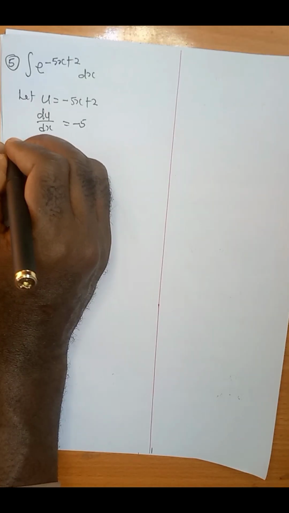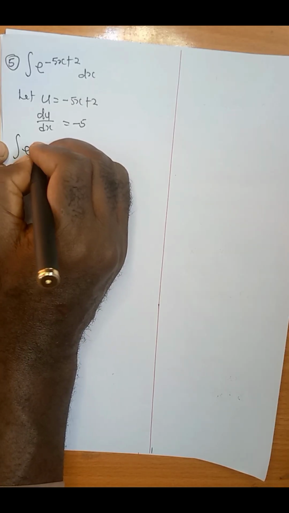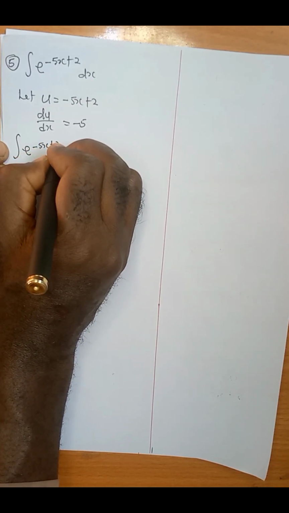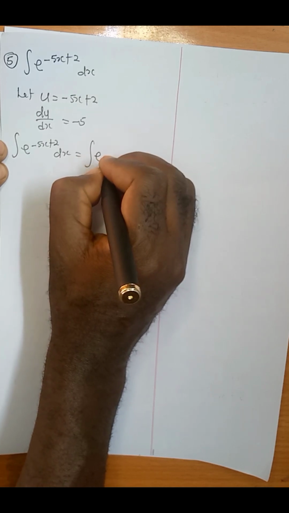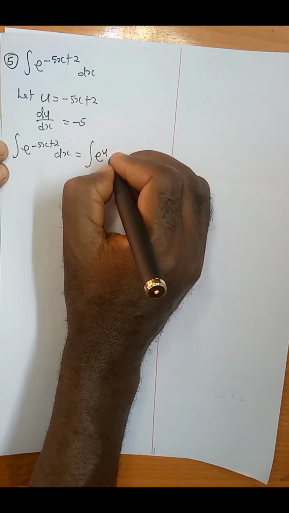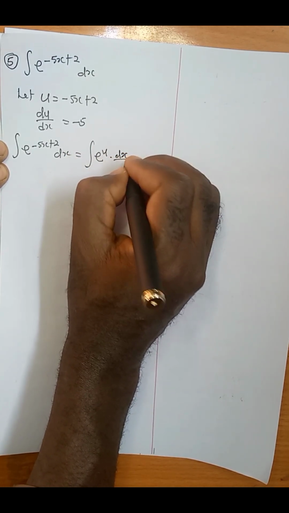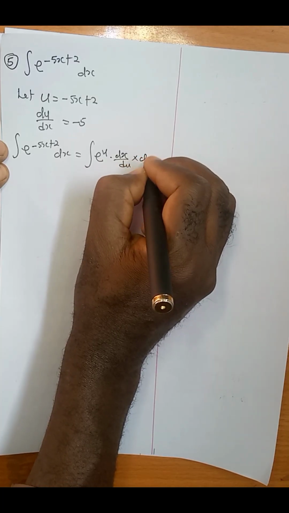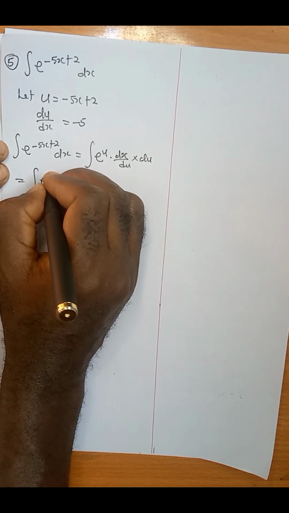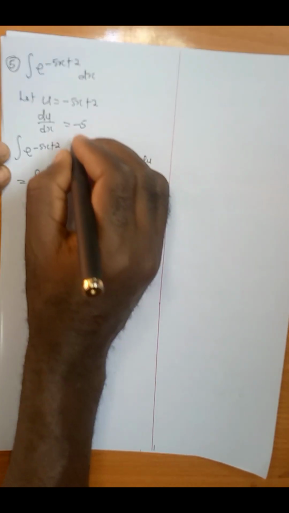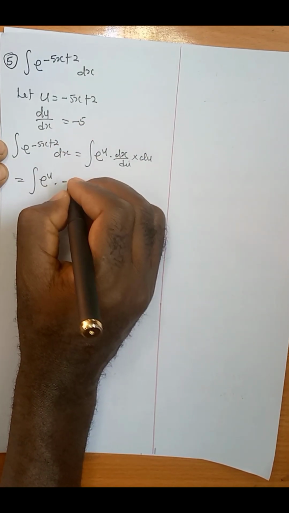Then we now have integral of exponential minus 5x plus 2 dx will become integral of exponential u. dx is dx over du times du. And this will be equal to integral of exponential u. The dx over du here is minus 5.